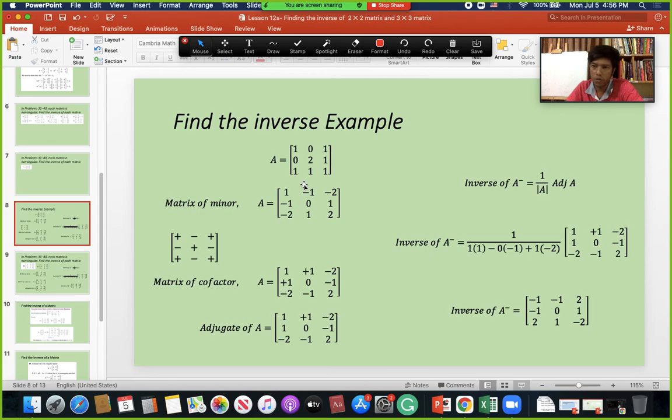In our book also we have that method, which is row operation. By using row operation also we can find the inverse. But once you get used to this method, I think in the last semester also many people said this method is much easier than the other method. So that's why we are discussing this method here exclusively.